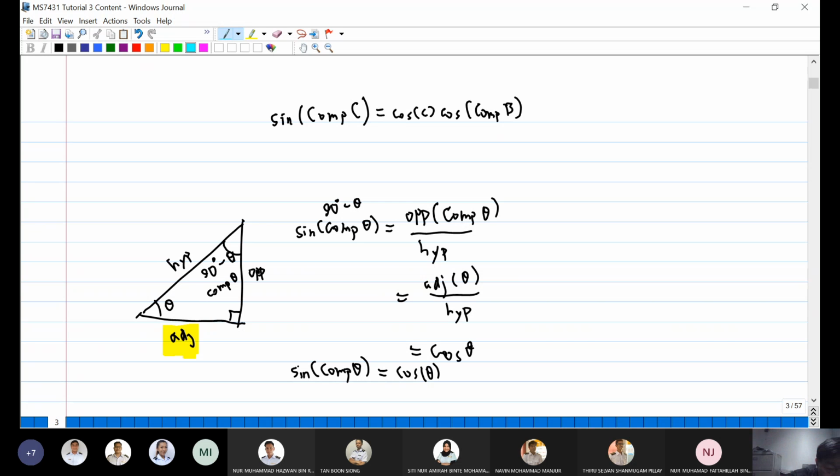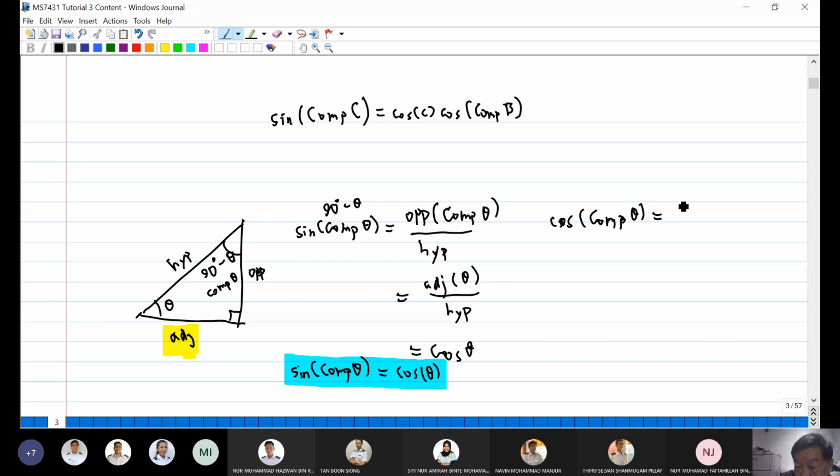Let me highlight this to you. Next time you see this, you can save your calculation: sine of co-theta is cosine of theta. Then how about the other one? How about cosine of co-theta?